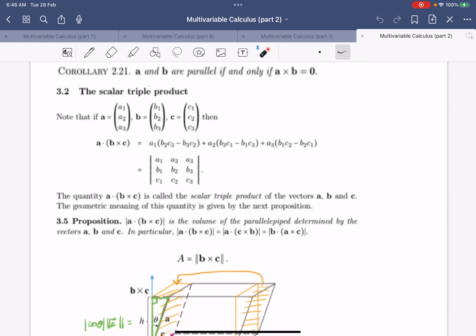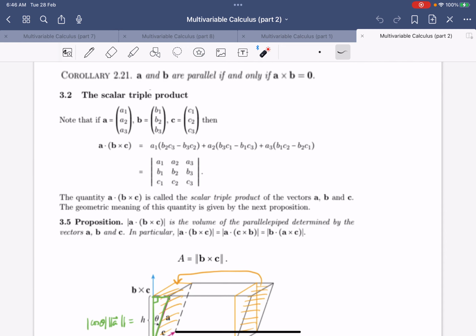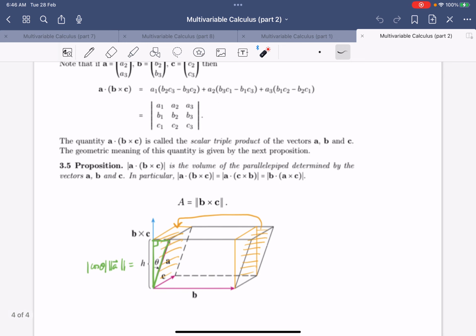And lastly, we'd like to note that there's this thing known as the scalar triple product, where you take A and dot it with the vector B cross C. And it reduces to finding the determinant with A1, A2, A3 as the first row, B as the second row and C as the third row. What it represents is the volume of the parallelepiped.